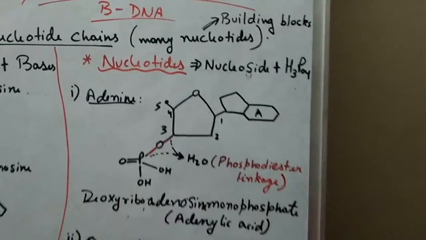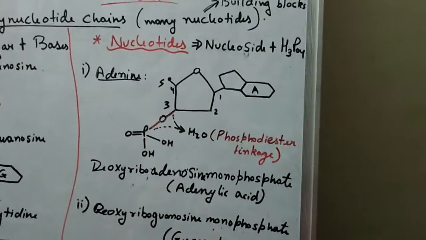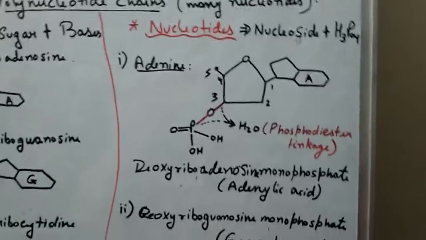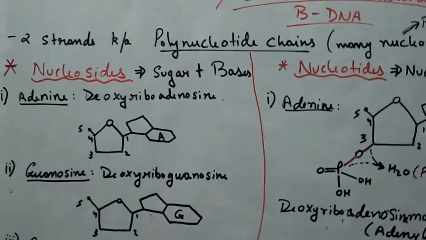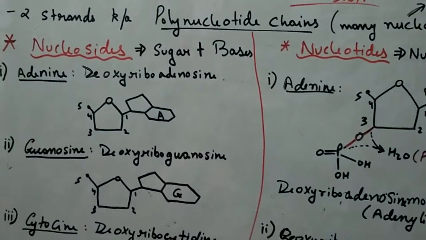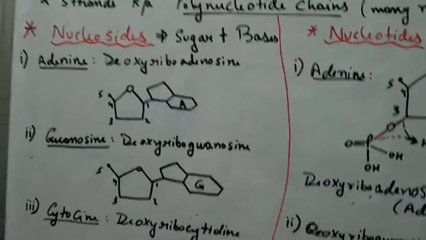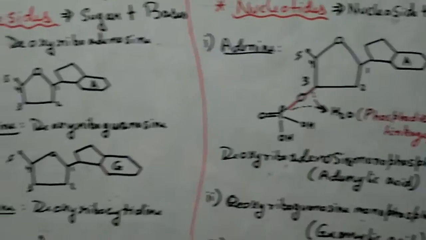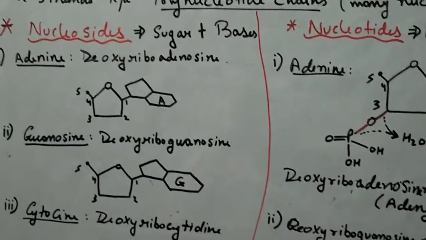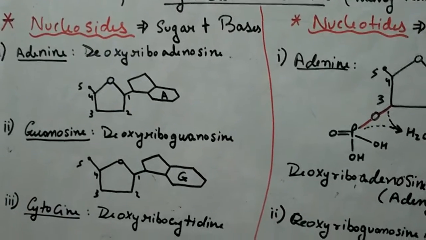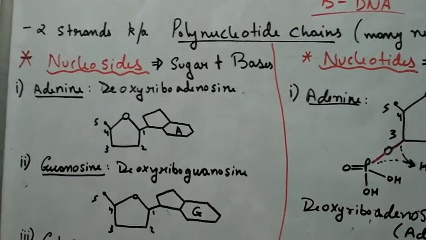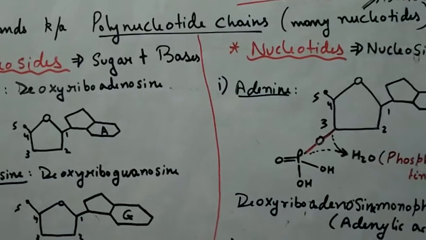So I think this is pretty clear, and the concept is well understood by you guys. Just pause the video, go back and examine all the structures that I have drawn and the names that I have written to make sure you understand the difference between nucleoside and nucleotide.